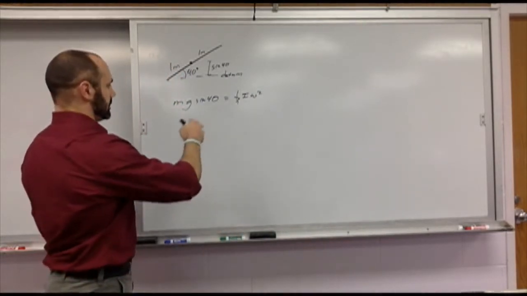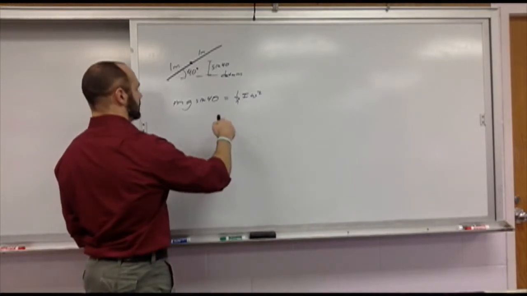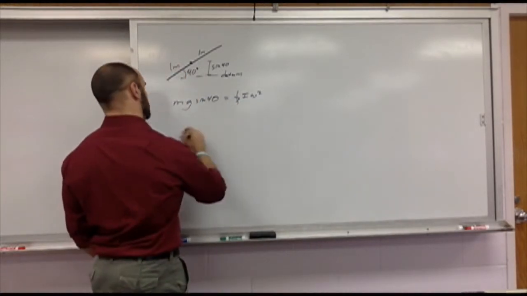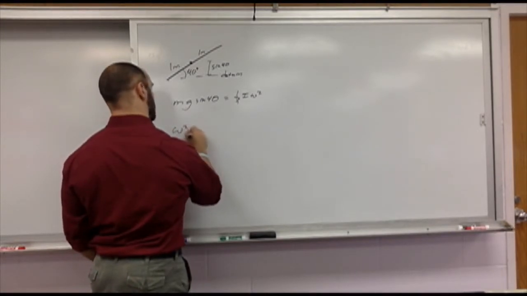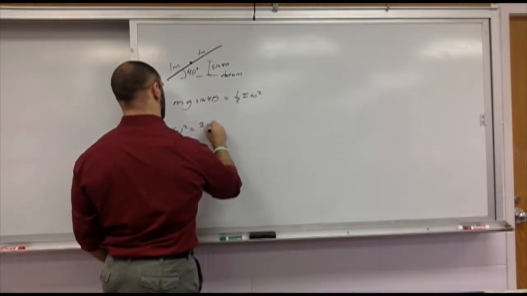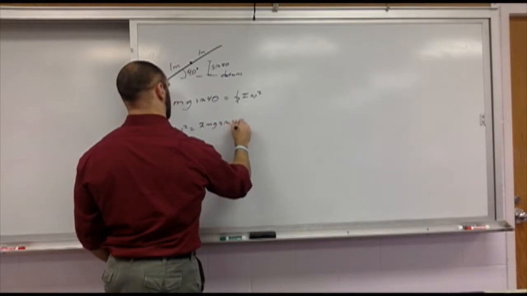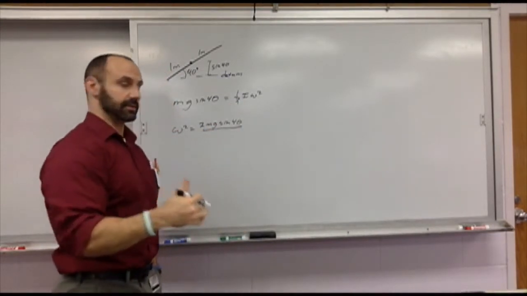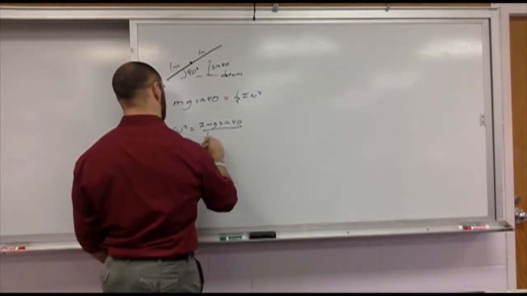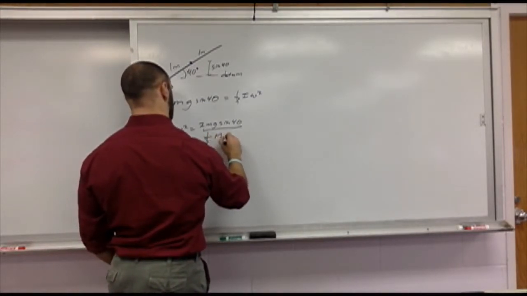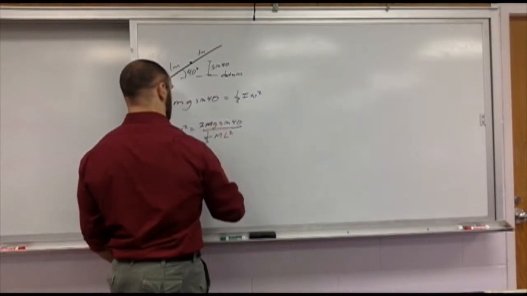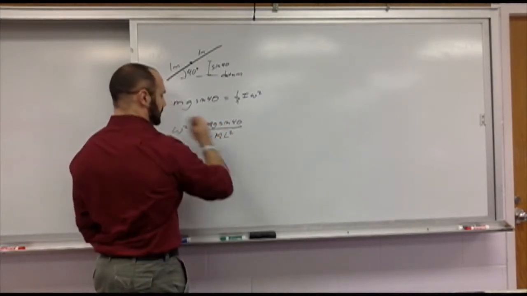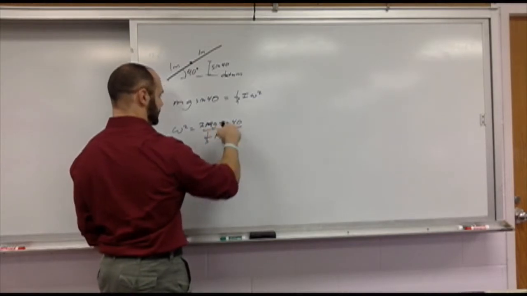Okay. And so I'm looking for omega. Again, so I'm going to solve this. Omega squared is going to be 2mg sine of 40 over, and the moment of inertia for this is 1/3 ml squared, right? So the masses cancel out. This is actually L over 2 in here.